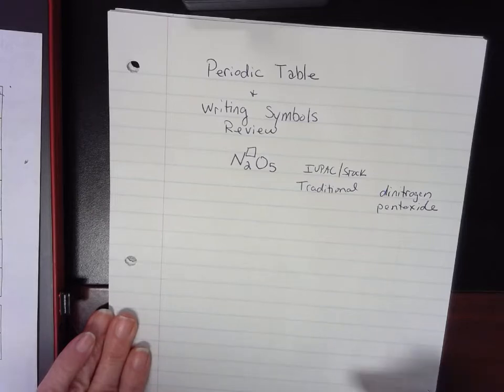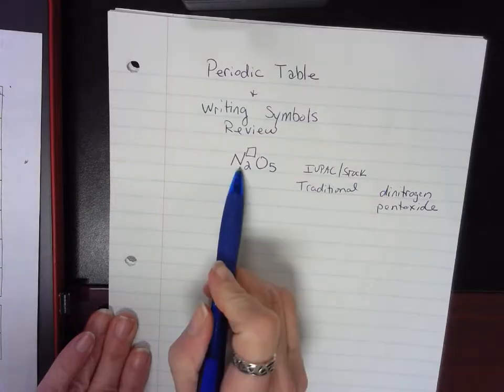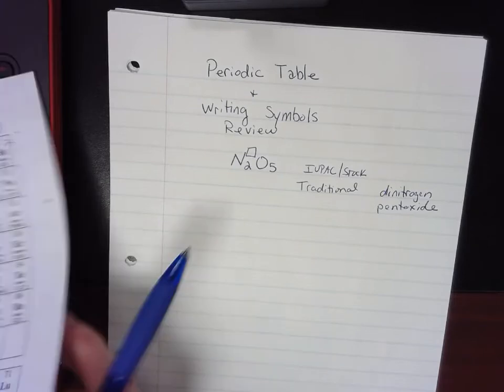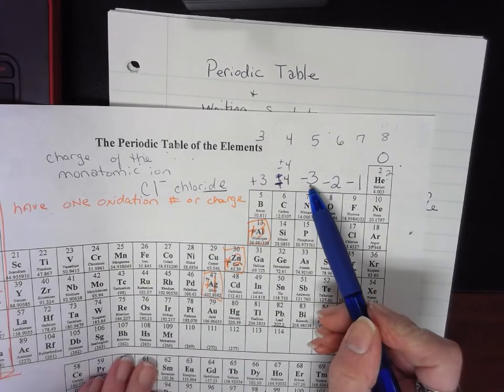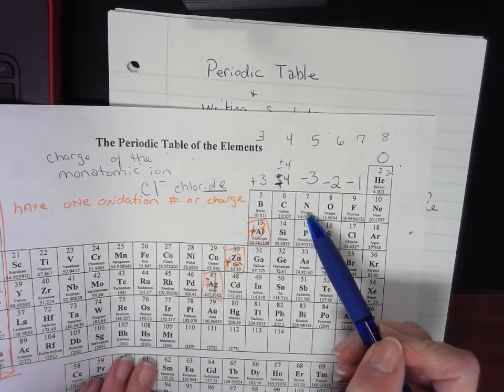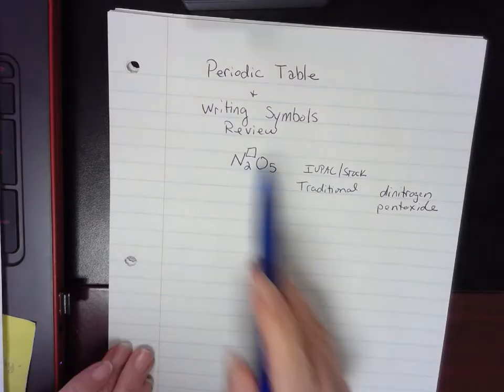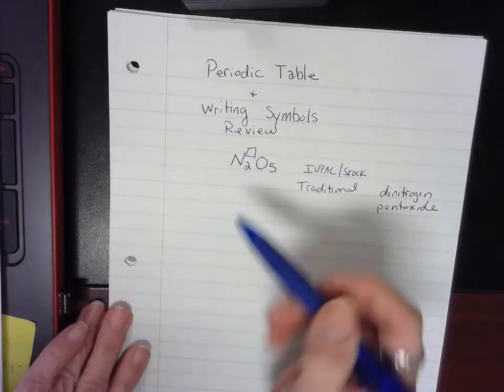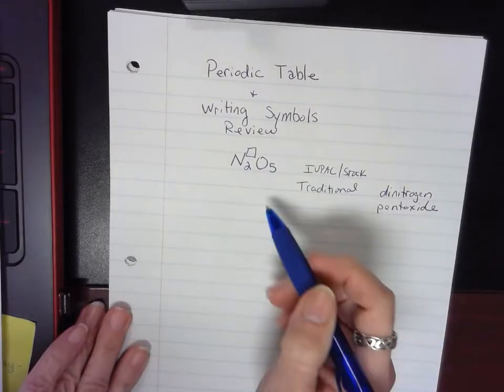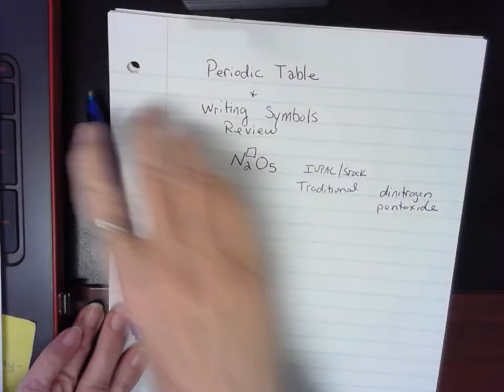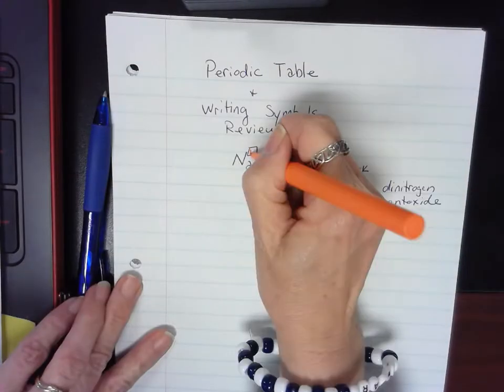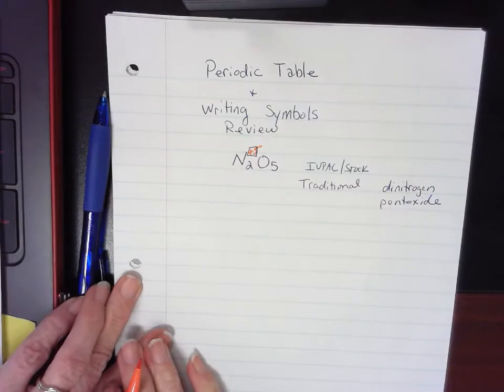Even though nitrogen's monatomic ion is a -3, it is not a -3 charge here. The charge on this one right here is +5.